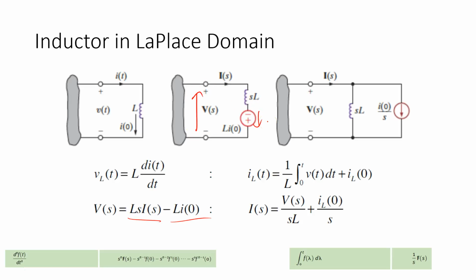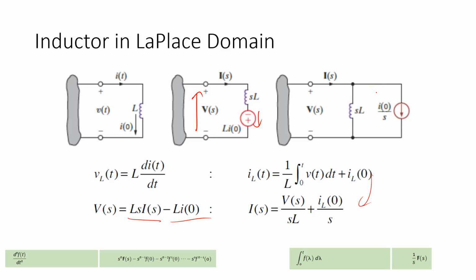Or we could do it as a current source by rearranging the equations or by using the integral form. And just like we did previously with the capacitor, we could also use a Thevenin to Norton transformation, and we will get the Norton form of the circuit.